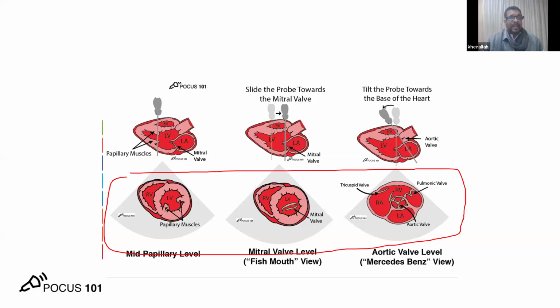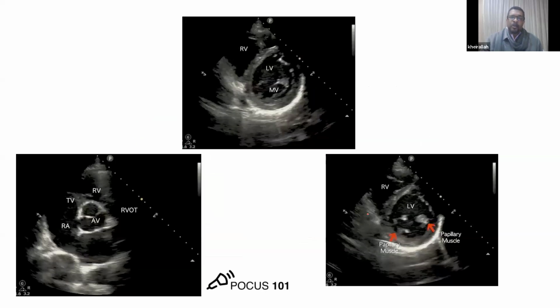Then we go to the mid cavity, and this is marked by the two papillary muscles. This one is the anterolateral, and this is the posteromedial. Okay? Why? Because here is the anterior portion, and this one is the posterior portion. So this is going to be the anterolateral, and this is the posteromedial papillary muscle. Okay? So this is the short axis.